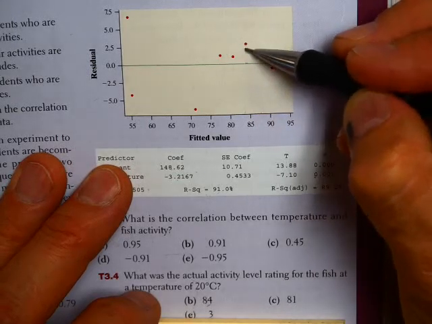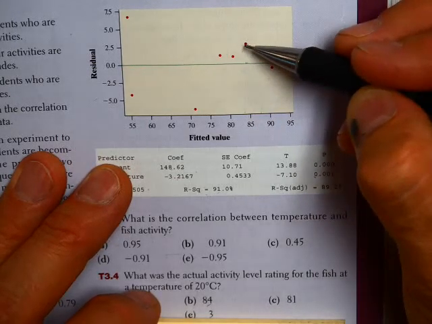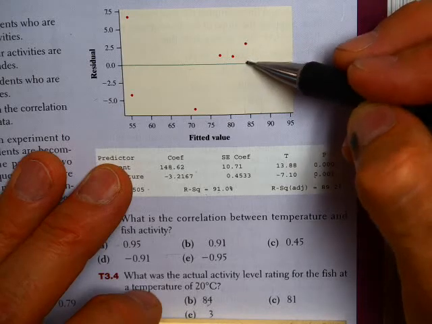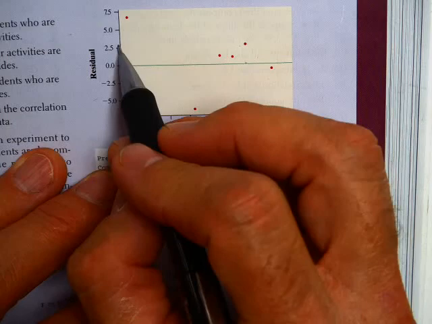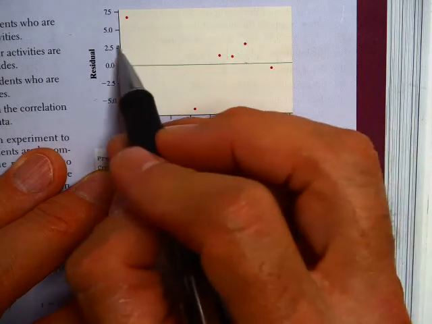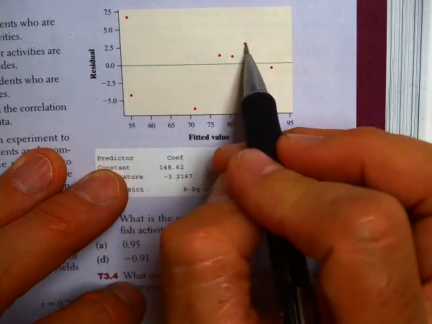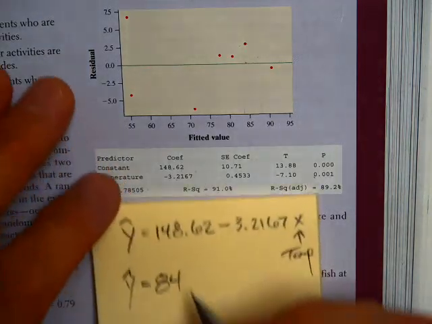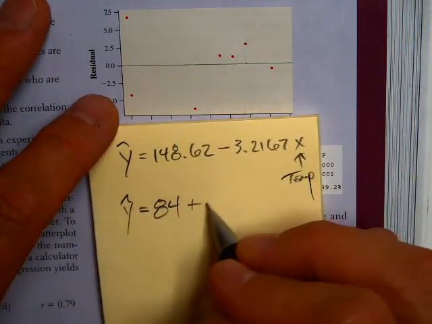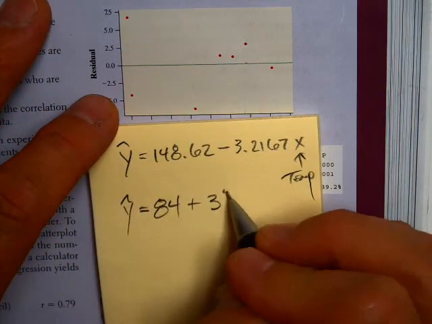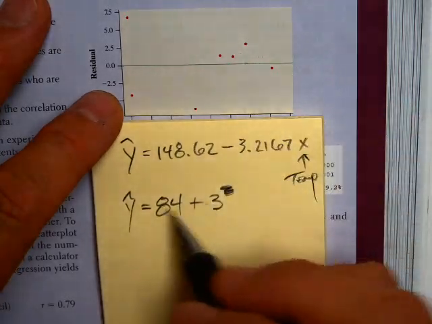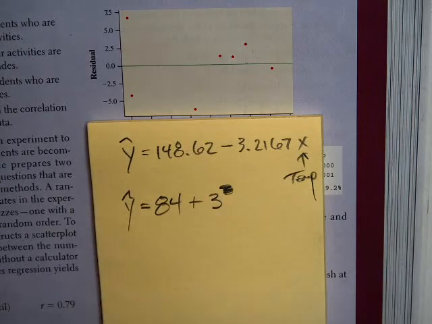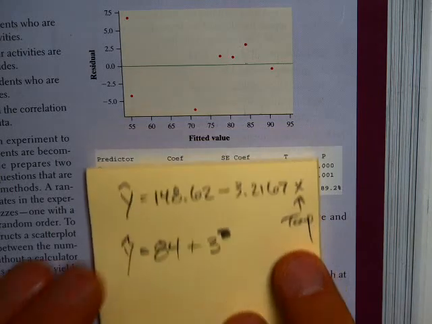It looks like that would be this dot right here, and this dot is above what we expect, and it's above it by about 3 degrees, maybe a little bit more than 2.5 degrees. So if I take my 84 and I add that 2.5 to 3 degrees, or actually it's not degrees, sorry, it's the activity level. Again, whatever that measurement is.